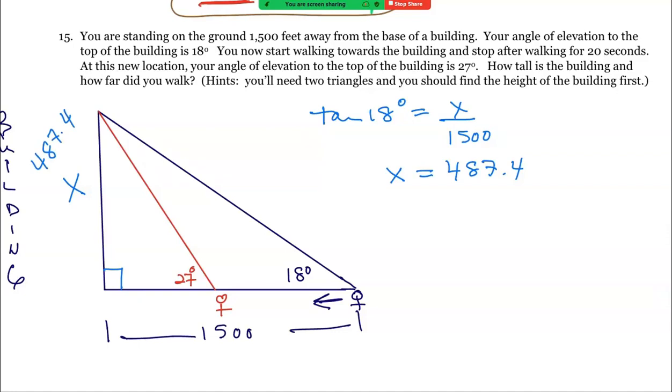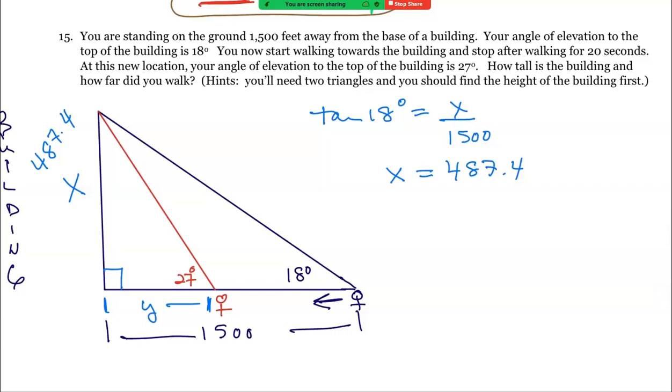So now, can't I get another value? Can't I get y? I'm going to get y using the other triangle. Remember, you can only use right triangles. So you can't use that triangle to the right because that triangle is not a right triangle.